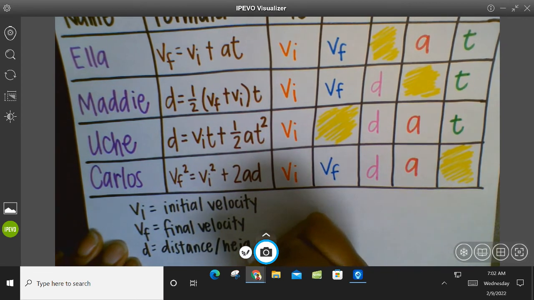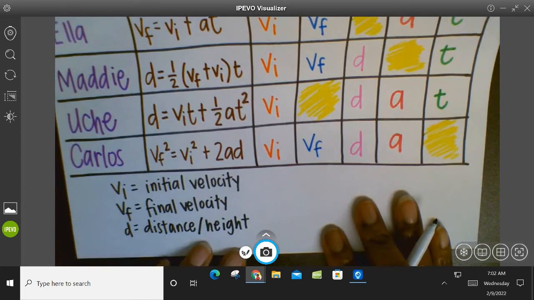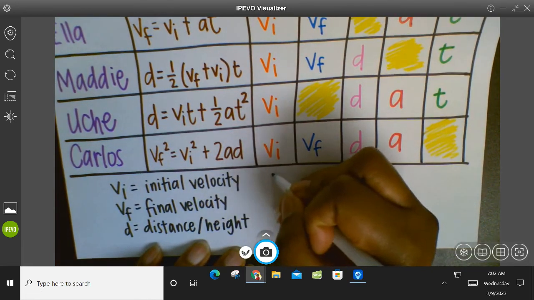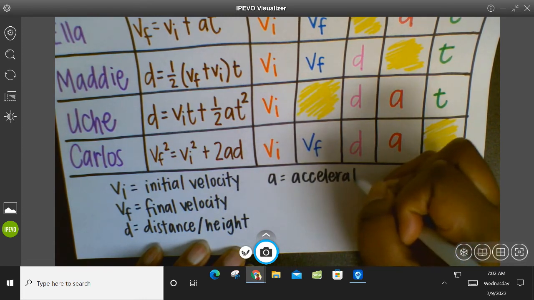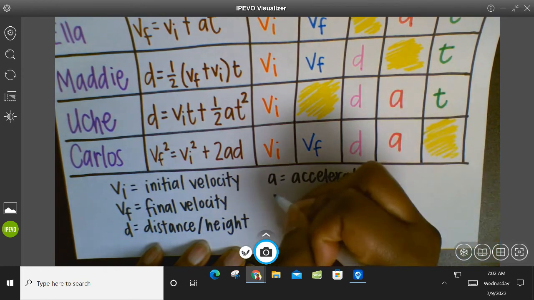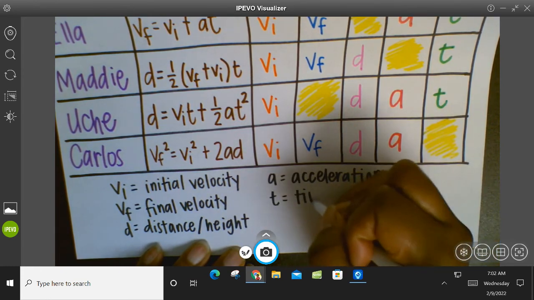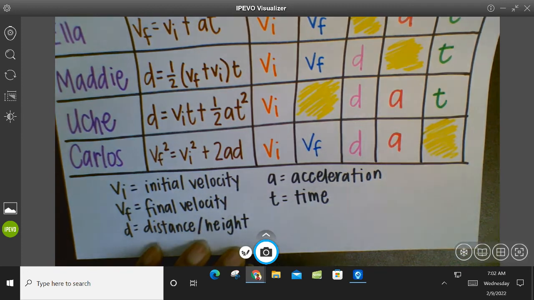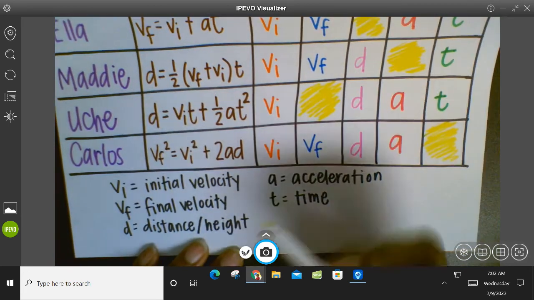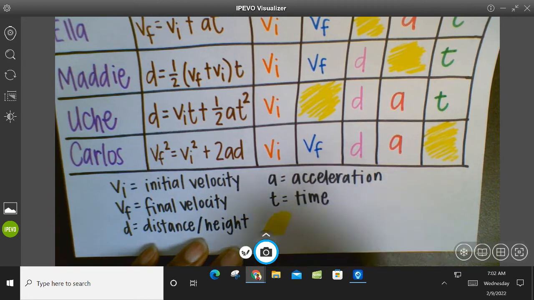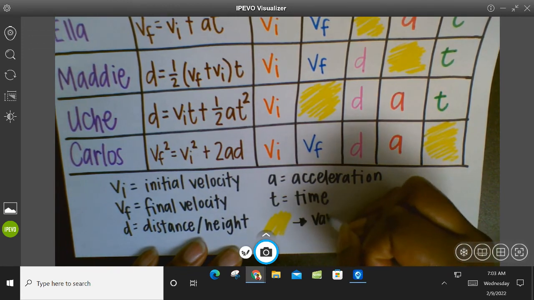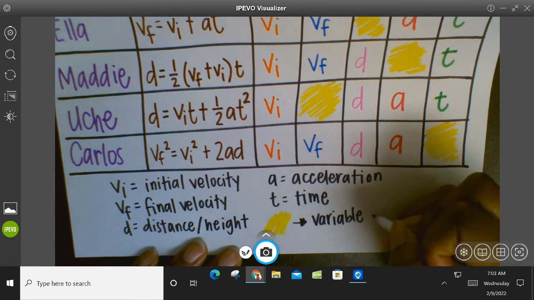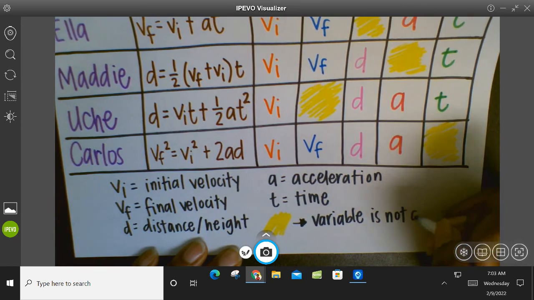Okay, that could be height in the problem. All right. A is acceleration. And of course, T is time. And then, of course, let me put this here. The little shaded part represents that this variable is not given.